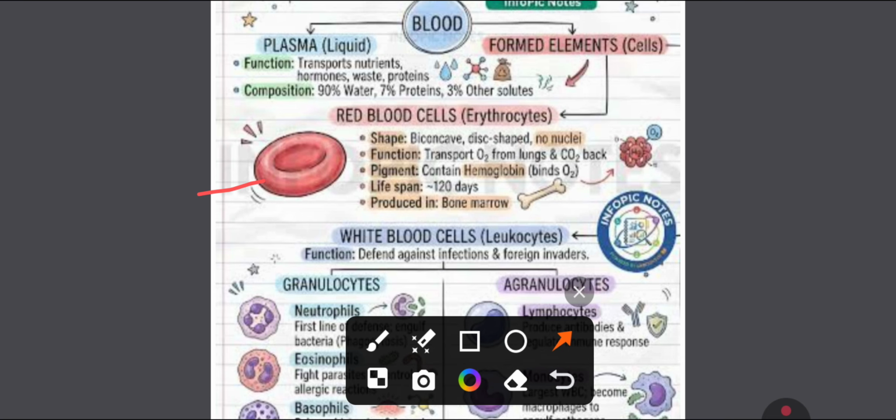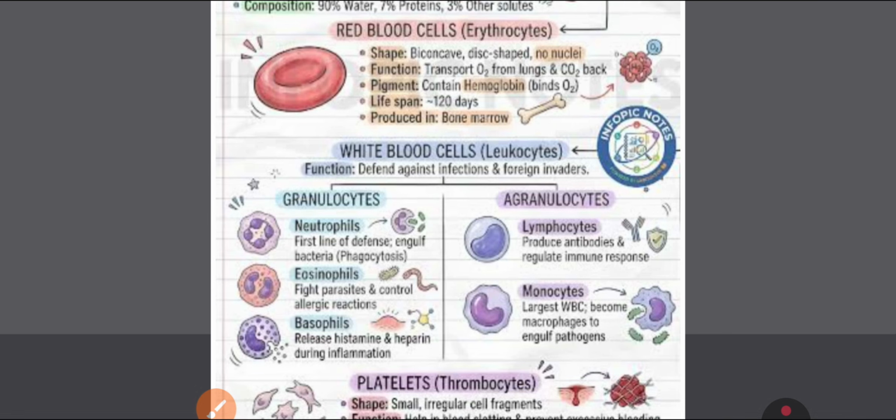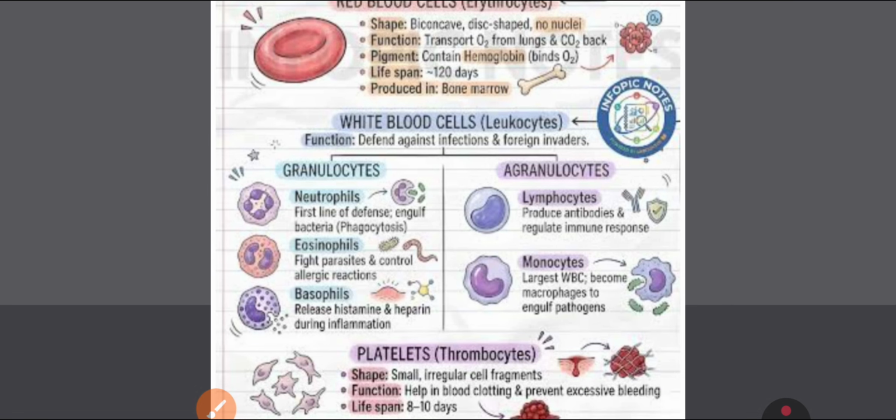The function is to transport oxygen from the lungs and CO2 back. It contains the pigment hemoglobin, which binds oxygen. We will study this afterwards in detail. First, just have a look at the diagram. The lifespan of a red blood cell is 120 days and it is produced mainly in bone marrow.